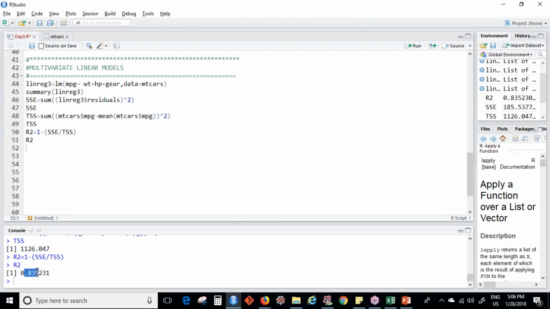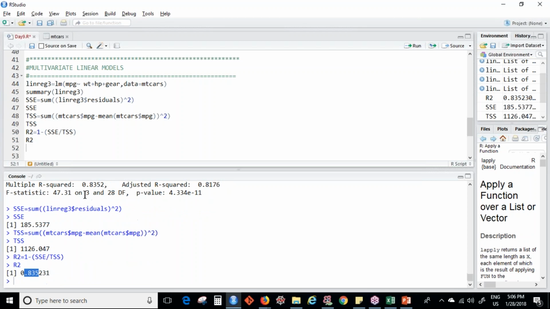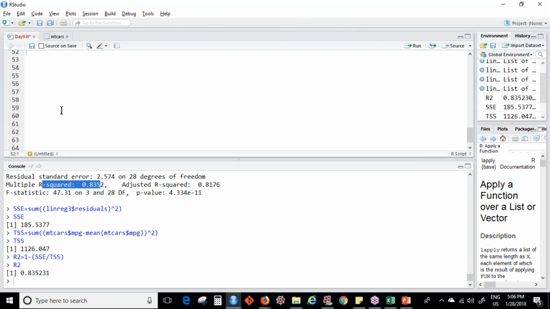Okay. Now I can print my r square. It is 83%, which is what I got by R also. See, I'm getting the same answer. So you can calculate r square manually also. You don't have to depend on R's ability all the time. Sometimes they will ask you the entire formula and ask you to calculate r square. In interviews, they'll give you a system and they'll ask you to calculate r square.